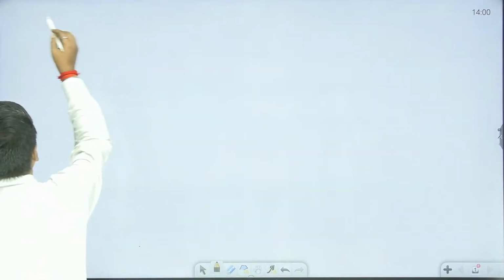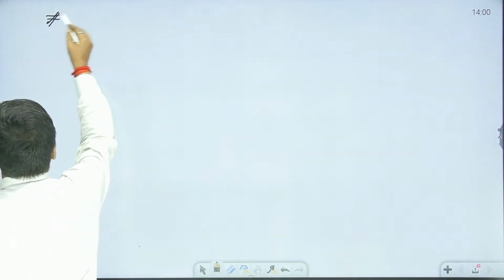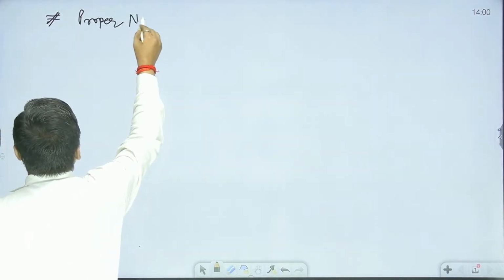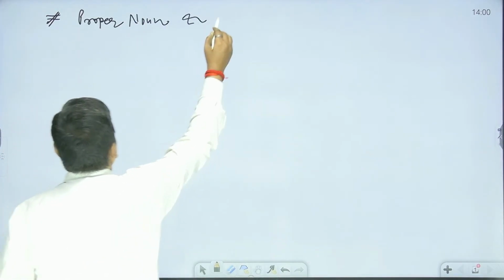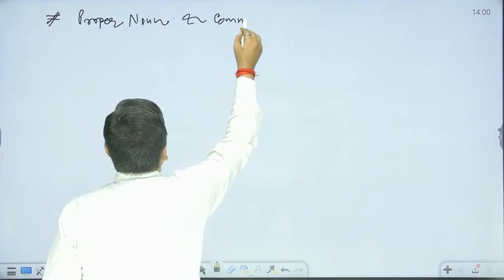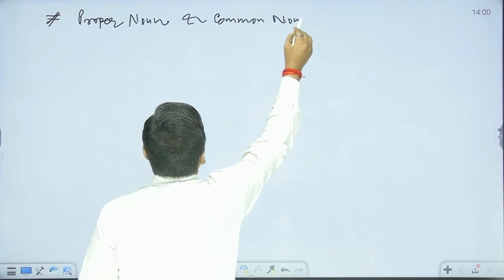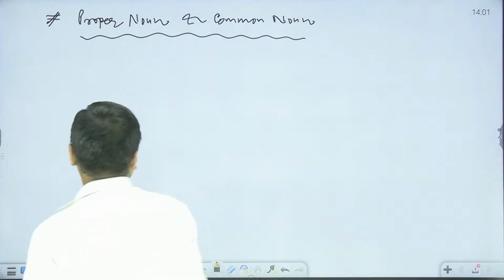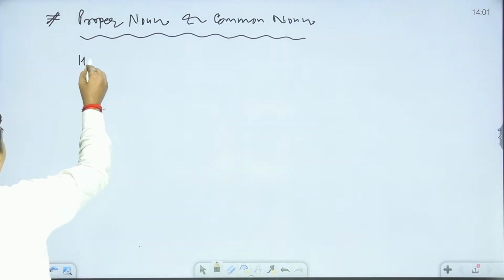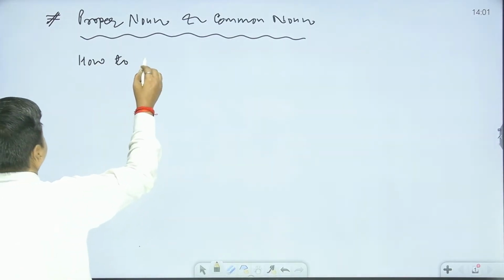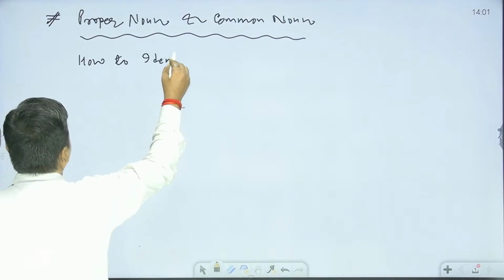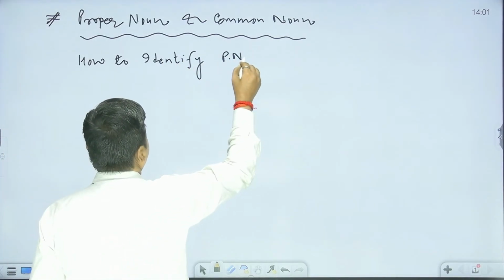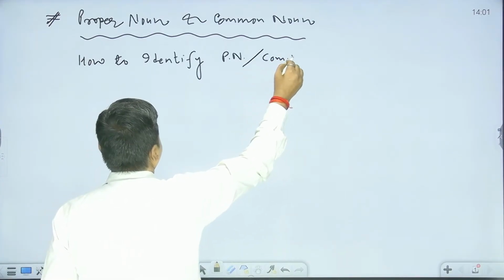So students, we were discussing the topic proper noun and common noun, how to identify proper noun, common noun.